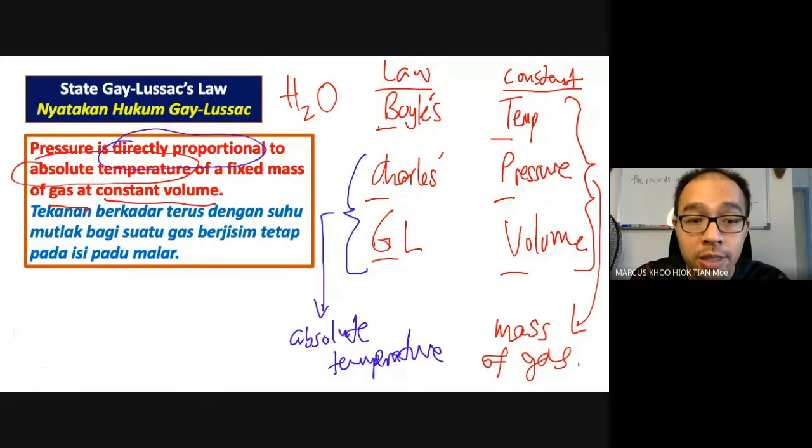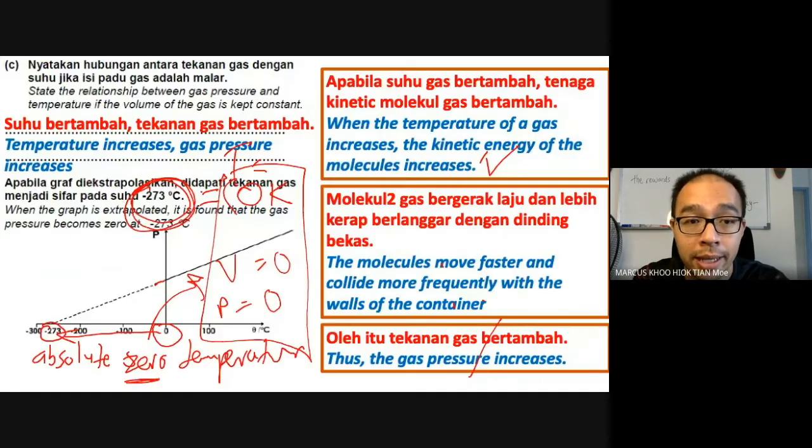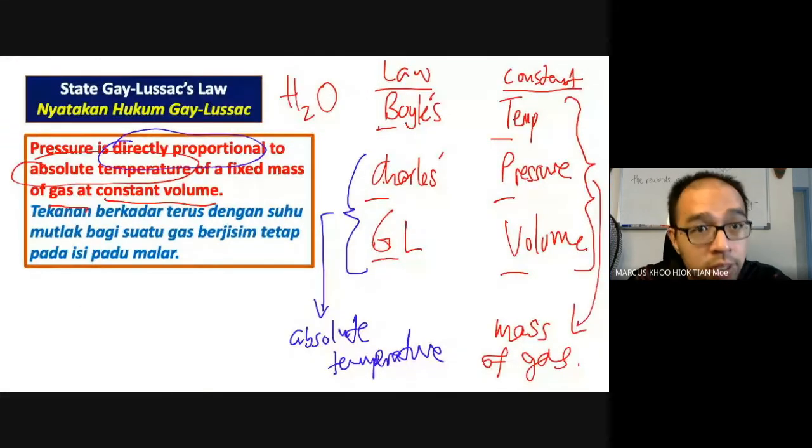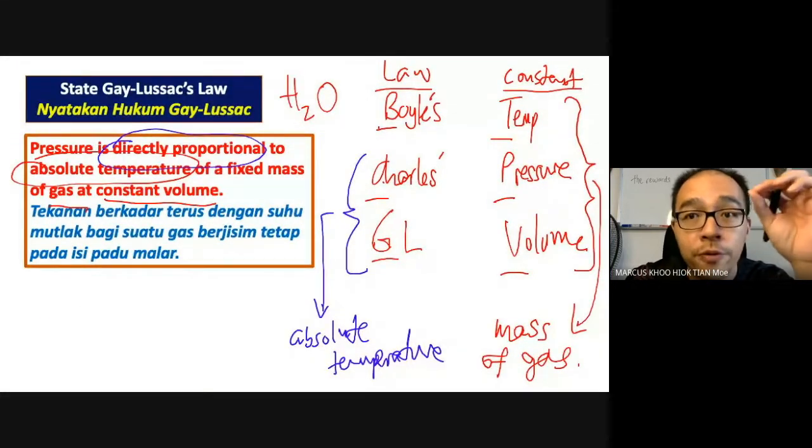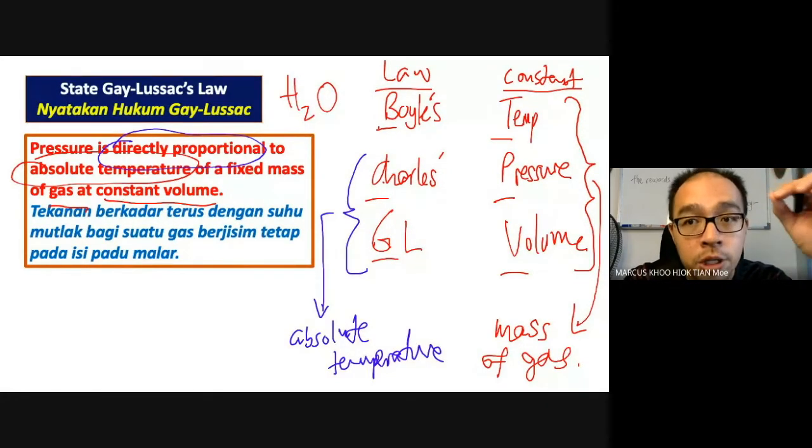If you're talking about just temperature, it is increasing linearly. Remember the third type of graph that I showed you, increasing linearly? So we have to be very careful when we talk about the three laws, because Gay-Lussac's law and Charles' law both refer to absolute temperature. And absolute temperature, the unit is Kelvin. So be aware of this.